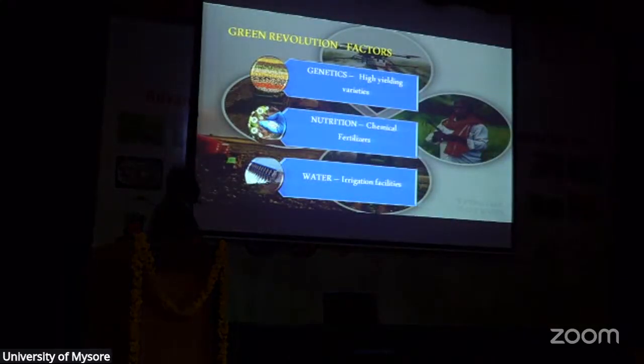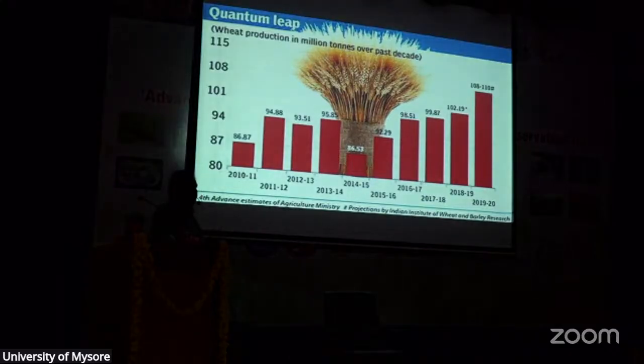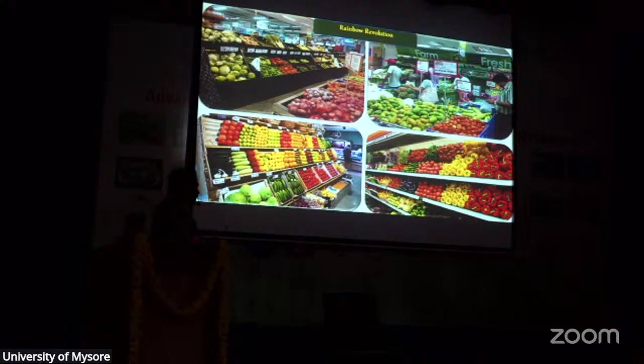The Green Revolution happened and I have been very happy. Genetics, nutrition, and water were the major factors which played a role in the Green Revolution. There was a quantum jump in yields of most of our crops. And it is not just a green revolution, we can call it a rainbow revolution. Our animal university registrar is here.